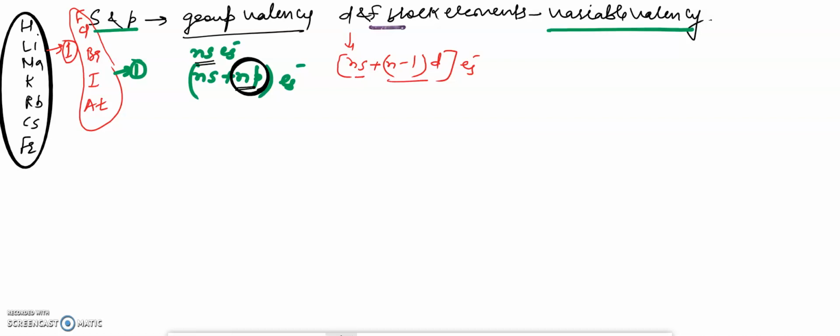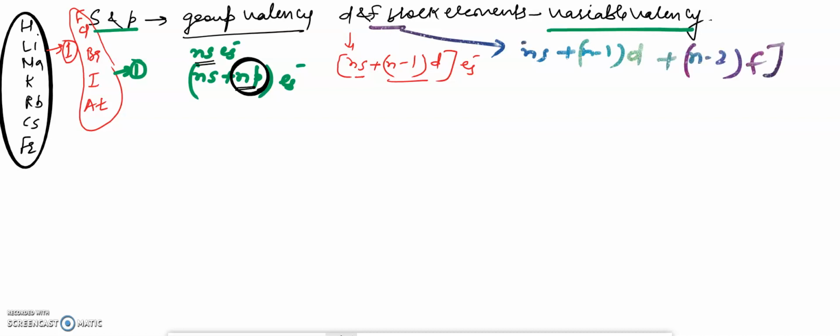And in case of F block elements, NS plus N-1 D plus N-2 F, all electrons can take part in the bond formation. That is why they show such a large number of valencies, that is why they show variable valency.